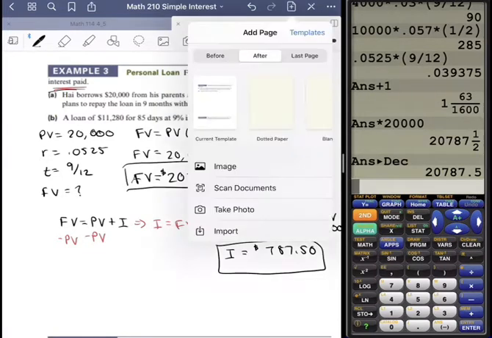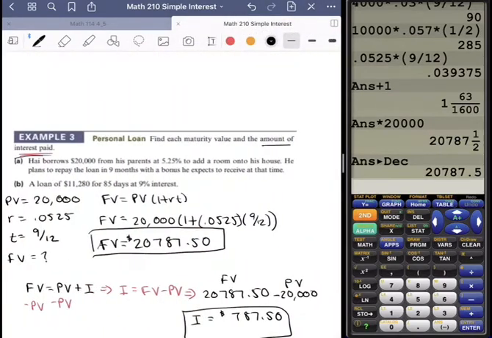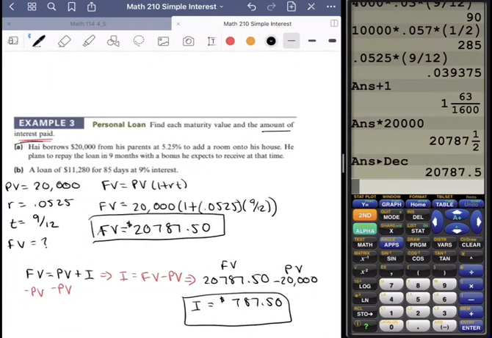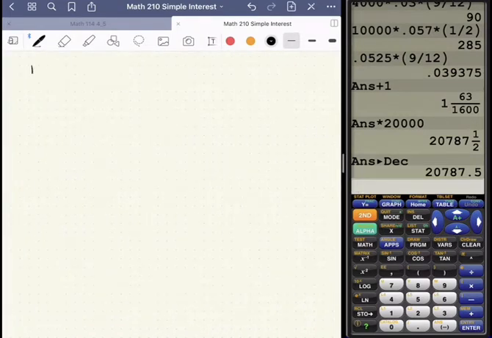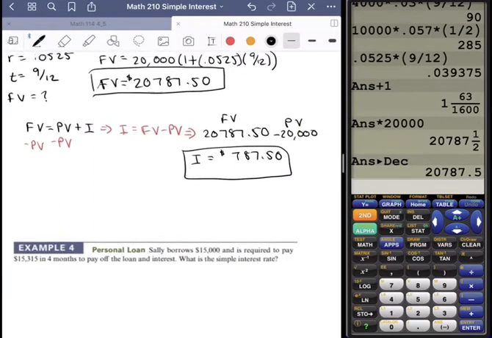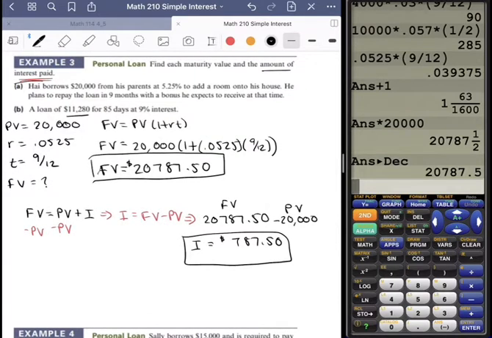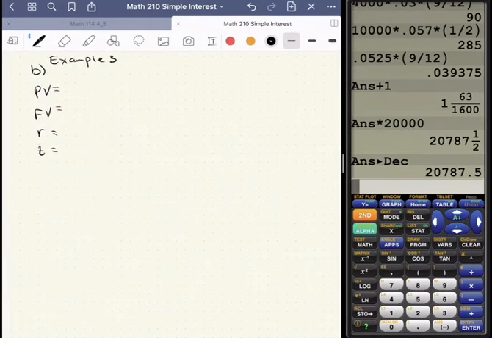So let's add another little sheet of paper because I'm running out of space. And this states a loan of 11,280. So a loan, that means we have, this is B, example 3. So I have present value, future value, rate, and time. For that one, I have 11,280 as my present value.